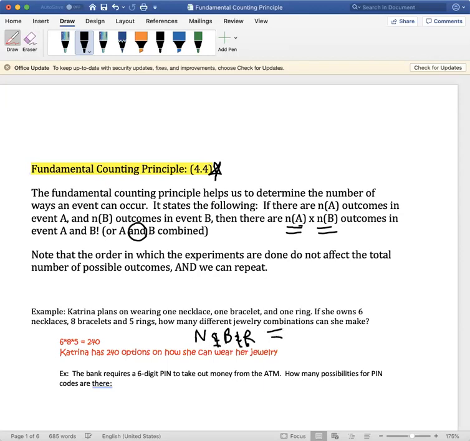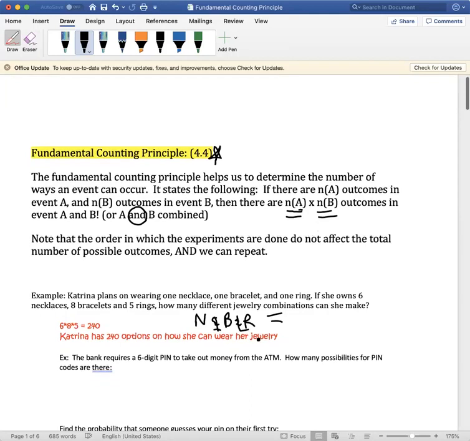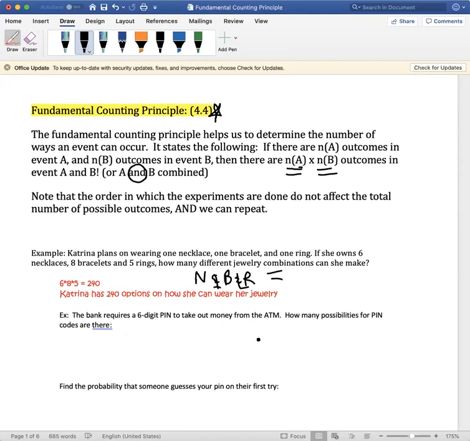When you hear the word and, remember that and is the same thing as saying multiply those events together. So we have 6 times 8 times 5, which gives us 240 different jewelry combinations.